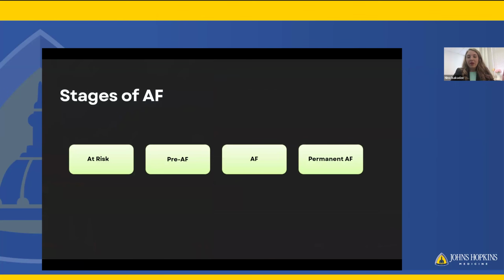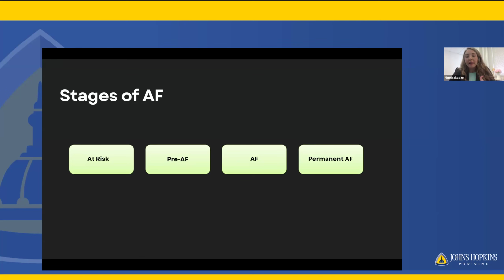One of the important things to understand is that atrial fibrillation is a progressive disease. It starts from being just at risk, which is many of us, when you have high blood pressure, diabetes, or other comorbidities that put us at risk of developing atrial fibrillation. Then some of us develop symptoms such as a few extra heartbeats or runs of extra heartbeats.